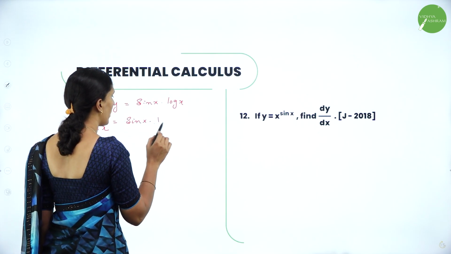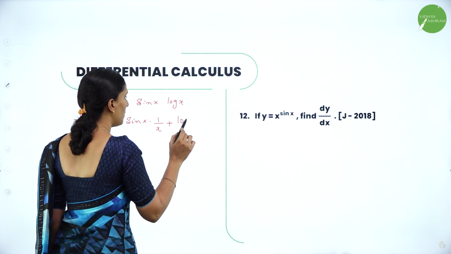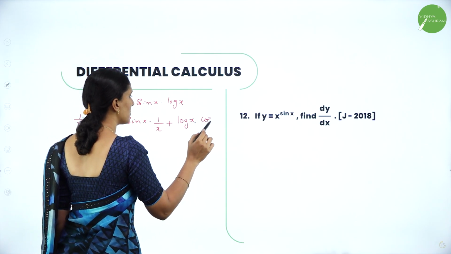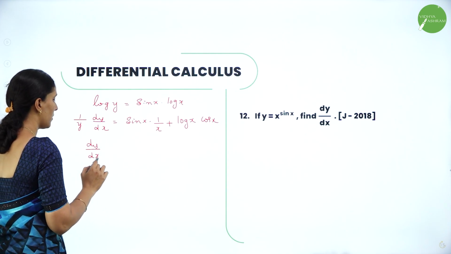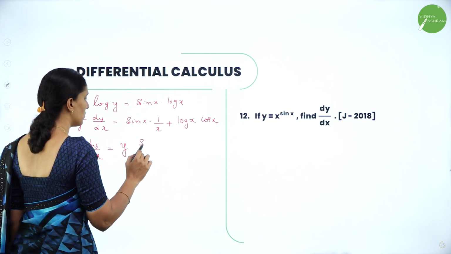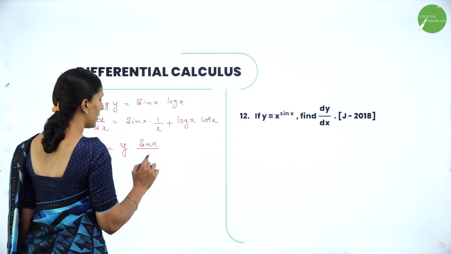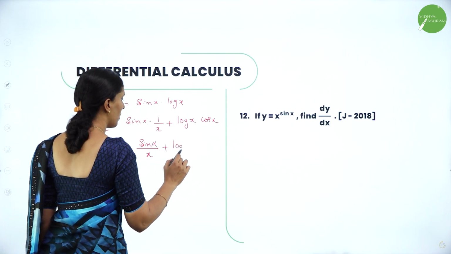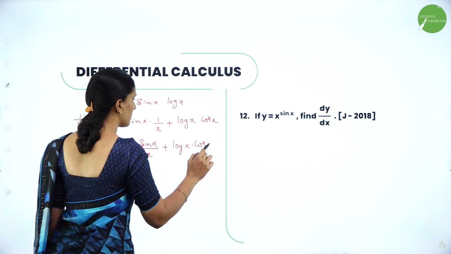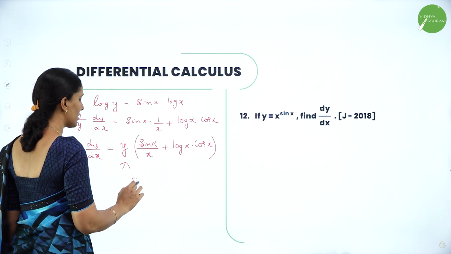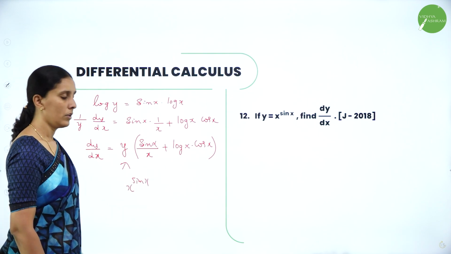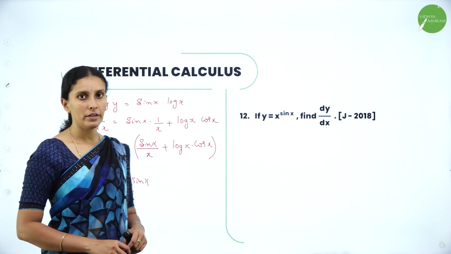Sin x into 1 by x plus log x into cos x. So dy by dx is equal to y into sin x divided by x plus log x into cos x. So we can replace y as x power sin x. So this is the derivative of the given function.